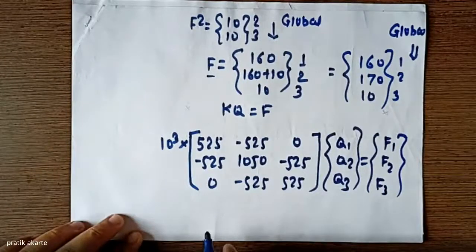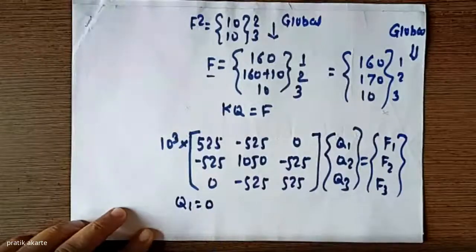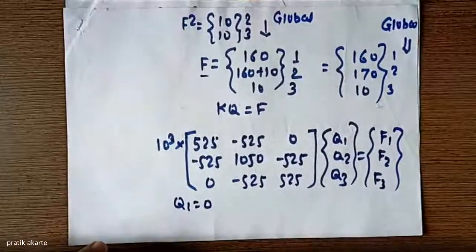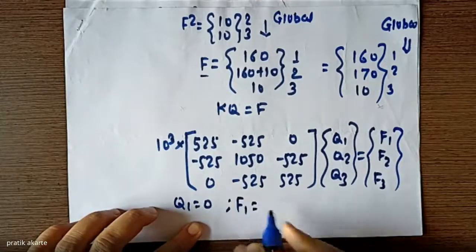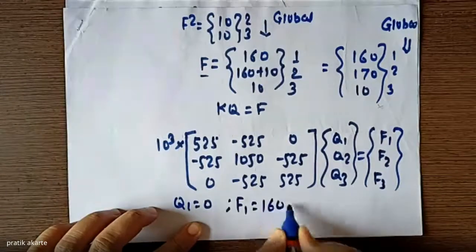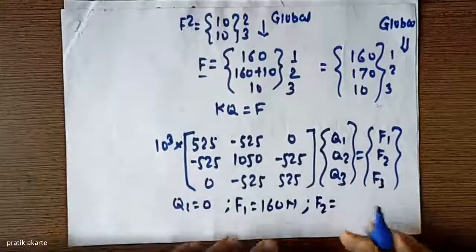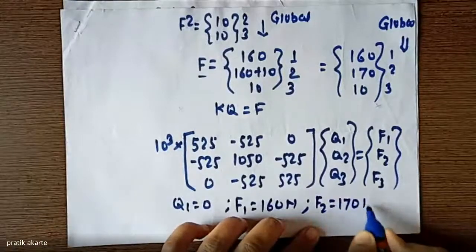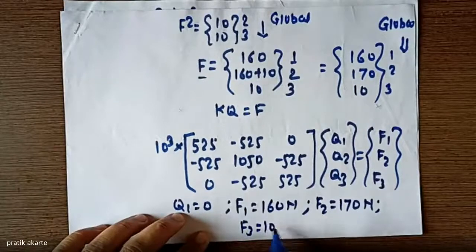Now the boundary condition for this problem is Q1 is equal to 0. Node number 1 cannot move because it is fixed vertically. F1 we consider as 160 Newton. F2 we are considering as 170 Newton, and F3 we are considering as 10 Newton.